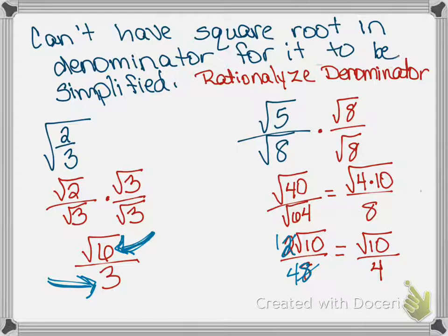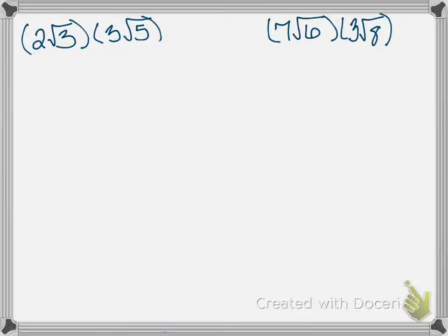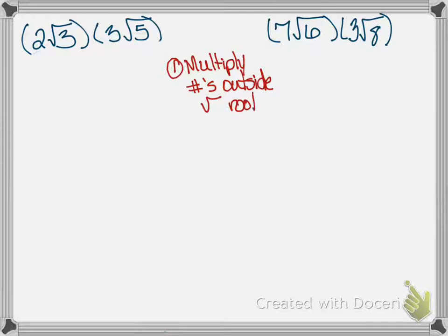Can I go to the next slide? Okay. Now what we're going to do is we're going to multiply. We're going to do some multiplying. So there's 3 steps when we're multiplying. First thing that we're going to do is we're going to multiply the numbers that are outside the square root. That's the first thing.